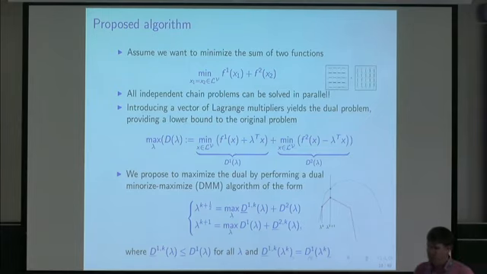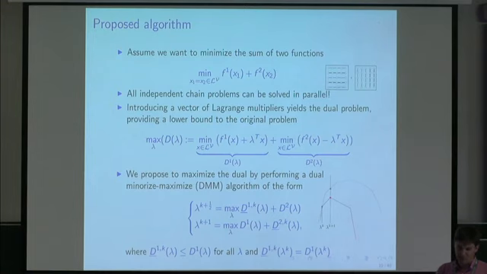And for this function d underbar to be a valid minorant, what is necessary? First of all, it has to be smaller than d1 for all lambda, and at lambda k, of course, it has to coincide. So you can see this in this graph. At the point lambda k, it has to coincide, and for all other lambda, it has to be smaller. And this gives you a guarantee of monotone ascent.